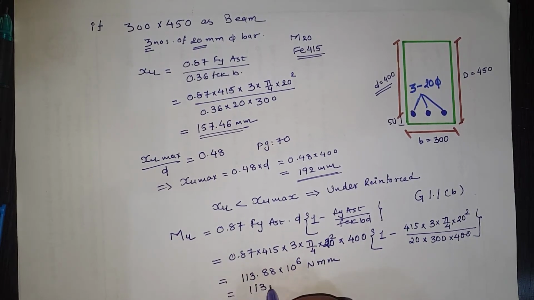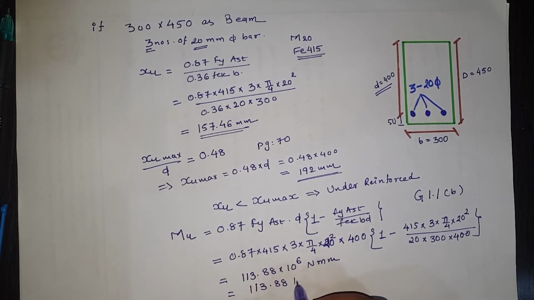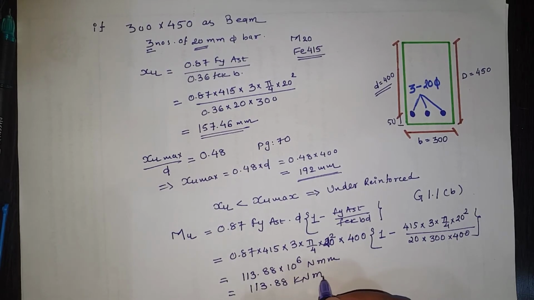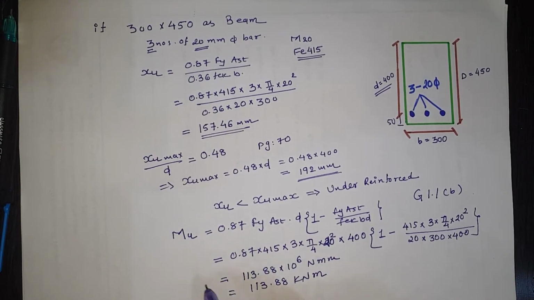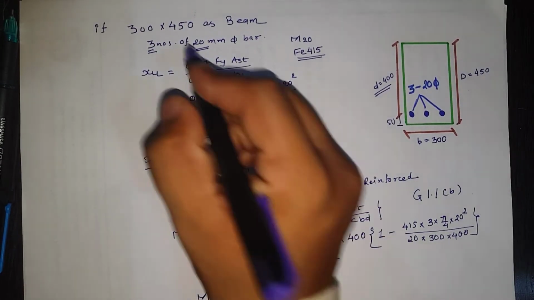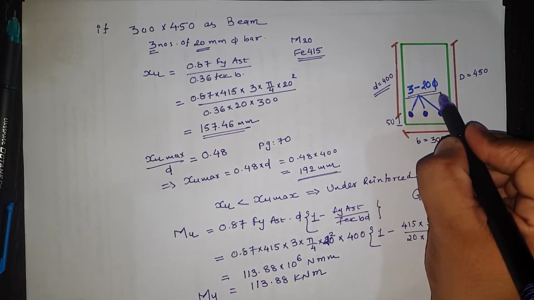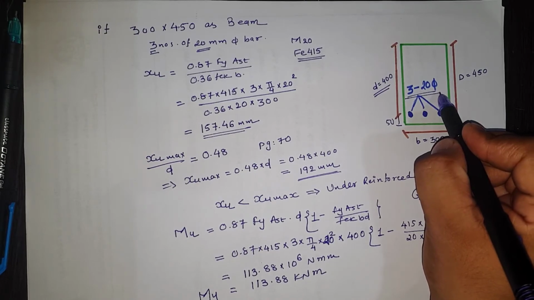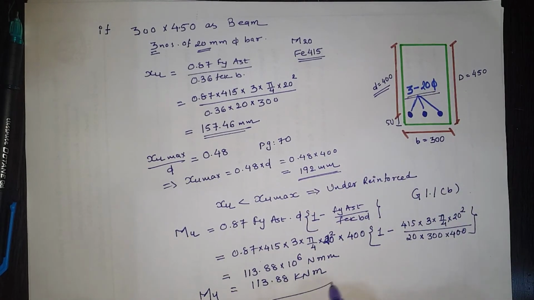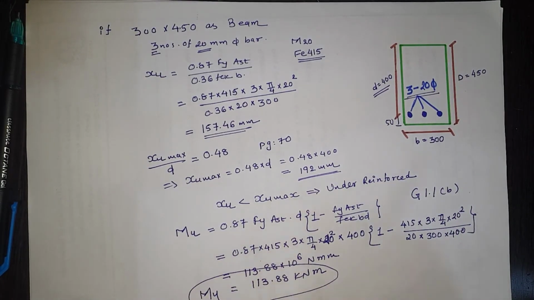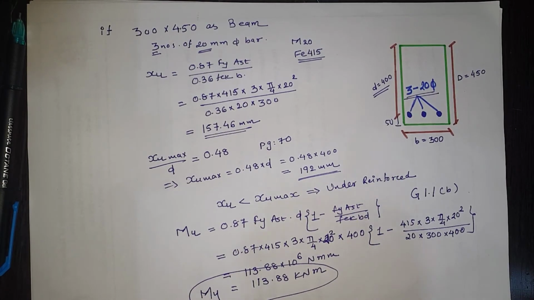In terms of kilonewton meter, it is 113.88 kilonewton meter. It means that for a 300 by 450 beam with three numbers of 20 mm diameter reinforcement, the moment of resistance is 113.88 kilonewton meter. Let us take another example.